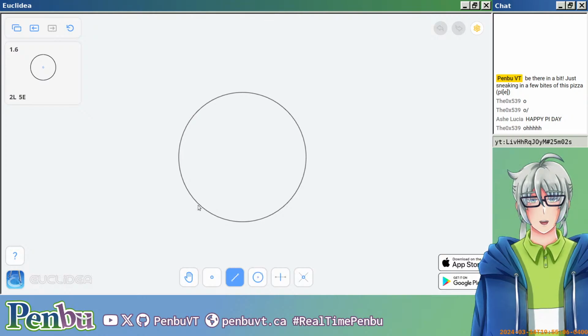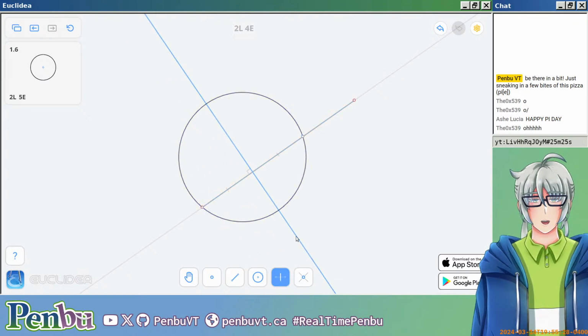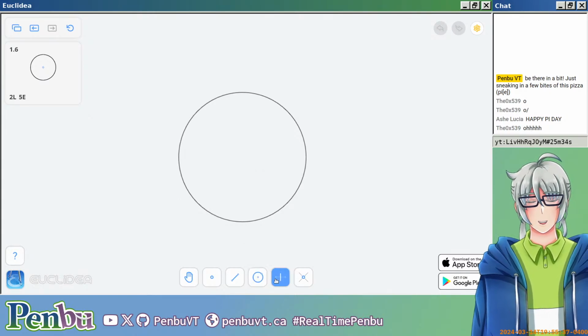So I think what we can do is that... maybe not. We can draw a line, and we intersect with this line from anywhere. And then, so that's one tool. And then here we know the center of the circle. I'm gonna reset. We can't find the center that way.